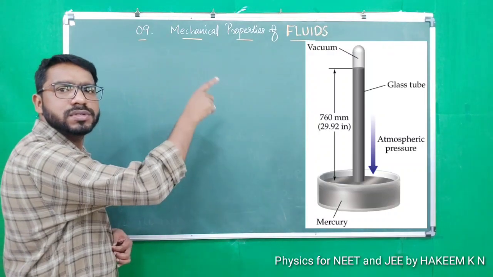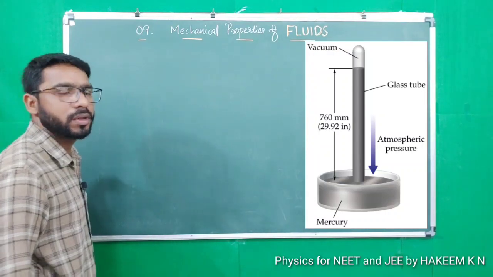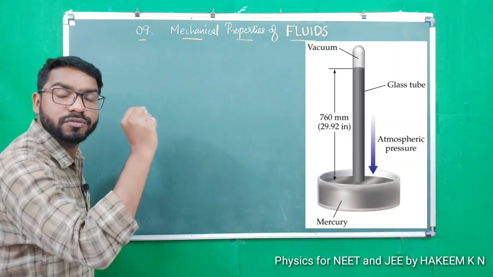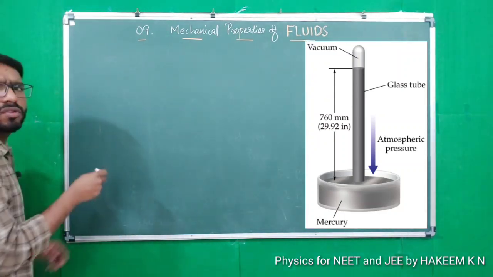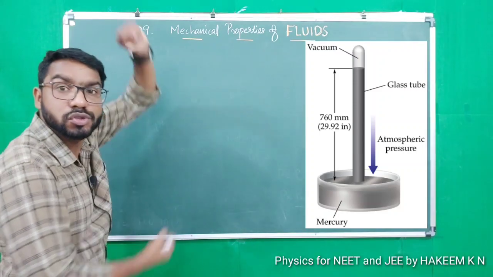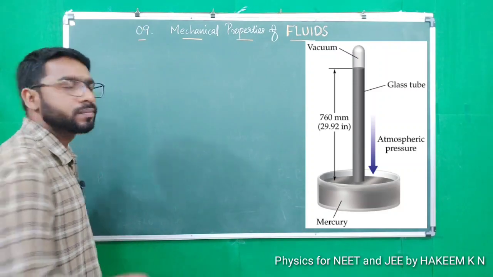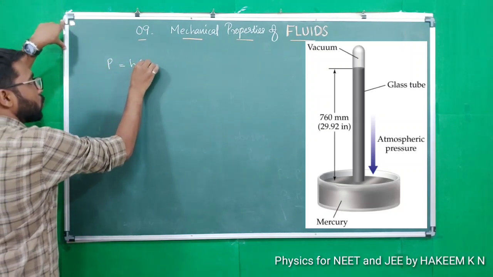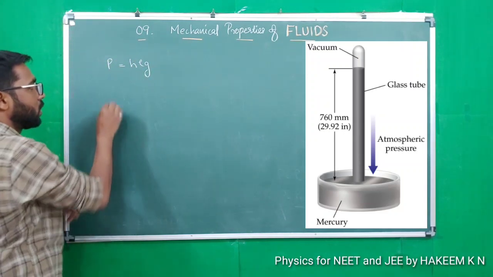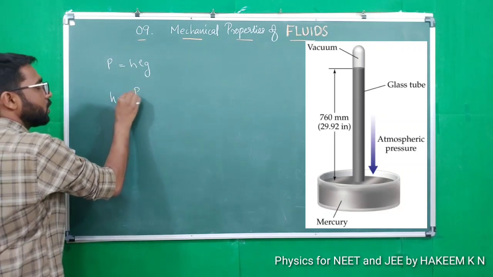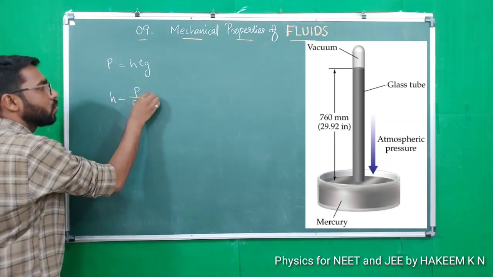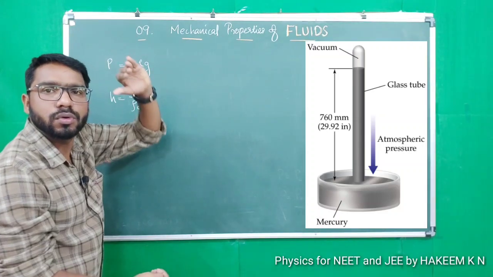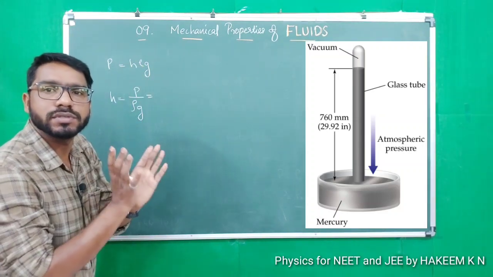If water is used instead of mercury in a barometer, what should be the height of the water column? We know that pressure equals h rho g, so h equals P by rho g. We are calculating the height of the water column to balance atmospheric pressure.